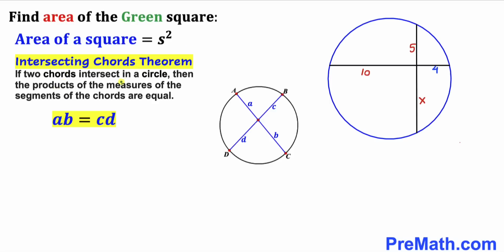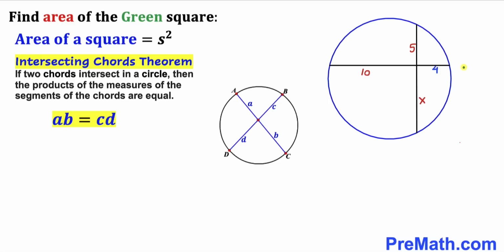If two chords intersect in a circle, then the products of the measures of the segments of the chords are equal. As you can see in this diagram, where we got these two intersecting chords, A times B equals C times D.